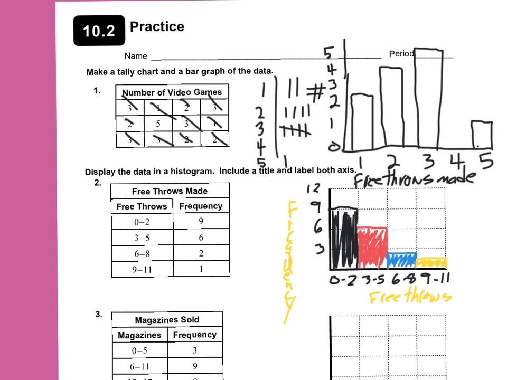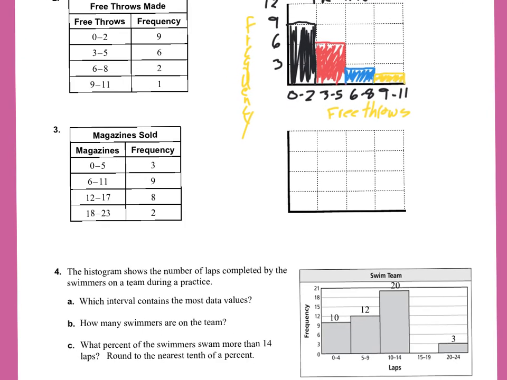So making a histogram is not that difficult. Sometimes students forget to write in the title and the labels, and those are important because what's the whole point of making a histogram? It's so somebody can easily see your data. And if you don't do that, then you're going to have problems. So you want to do that.